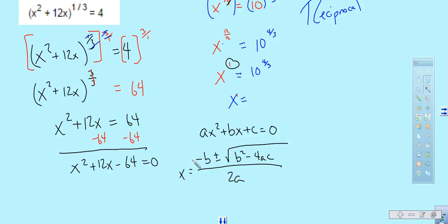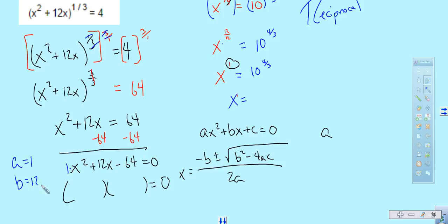So the quadratic formula says that if I wanted to find x, what makes this true, if I wanted to factor this guy essentially, I would plug in my a, my b, and my c. So from this guy, we have a is equal to 1, there's an understood 1 right there.